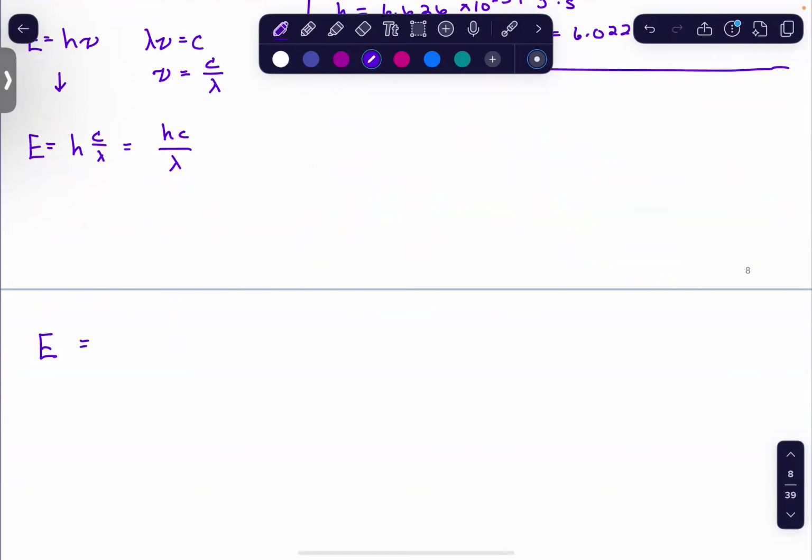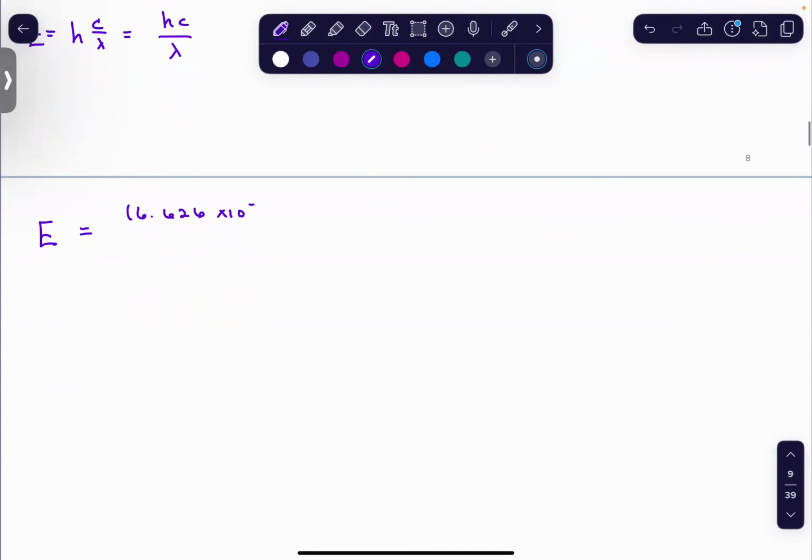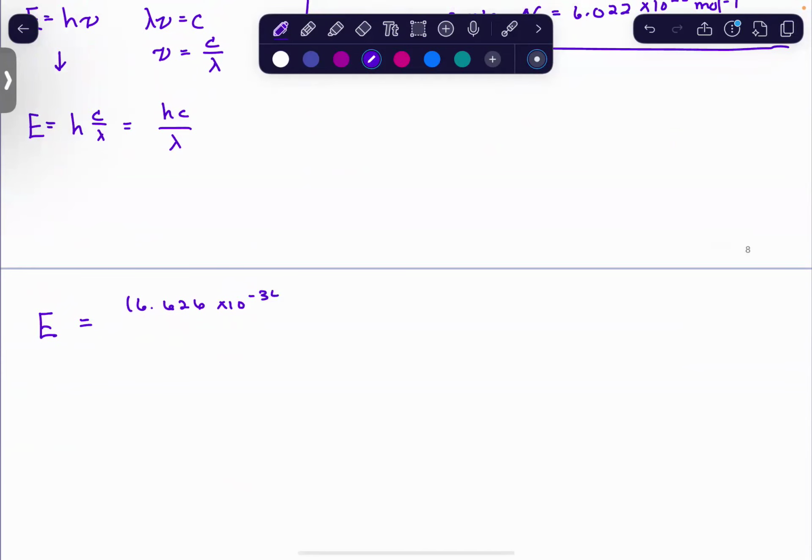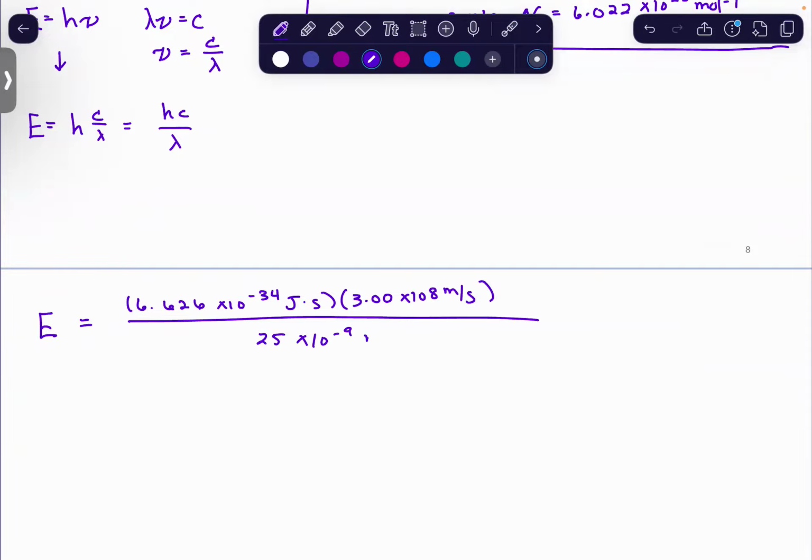So that means our energy: Planck's constant, 6.626 times 10 to the negative 34th joule-seconds, times the speed of light, 3.00 times 10 to the 8th meters per second, over your wavelength, which is 25 nanometers or 25 times 10 to the negative 9th meters.